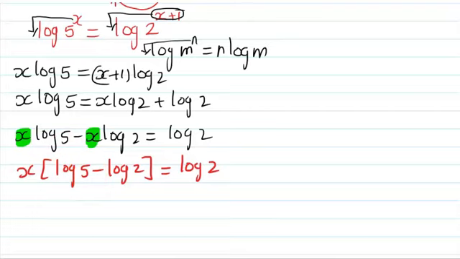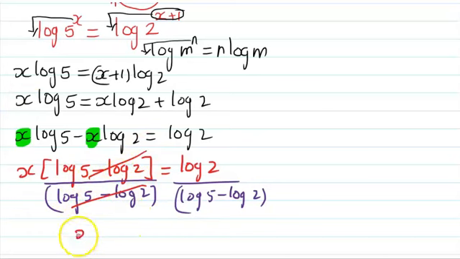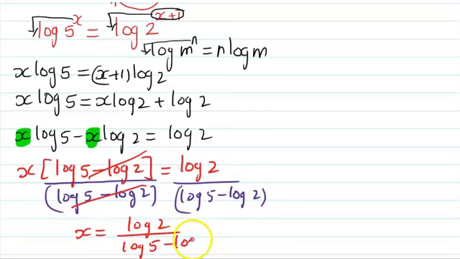Okay, now divide by log 5 minus log 2 both sides. Once we divide that, this has been cancelled out and we got x equal to log 2 over log 5 minus log 2.